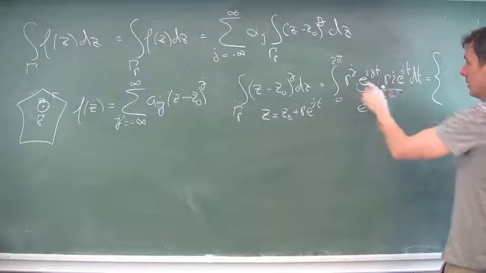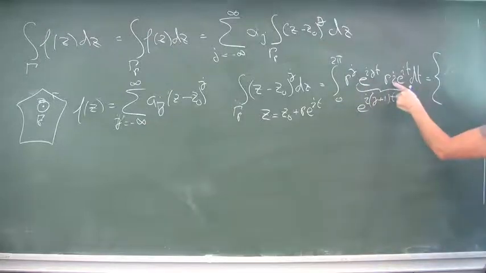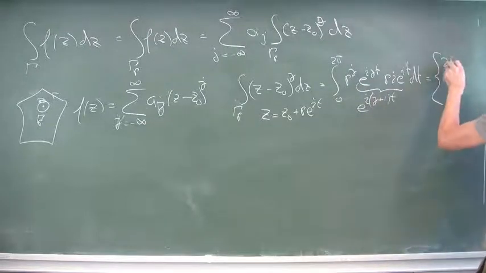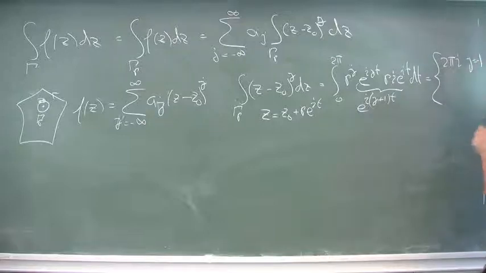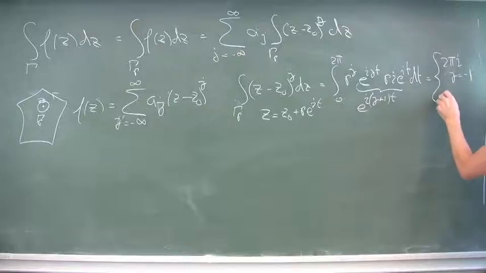And then you see that this whole integral will just be i, and the integral will be 2 pi i when j is equal to minus 1, and 0 when j is different from minus 1.